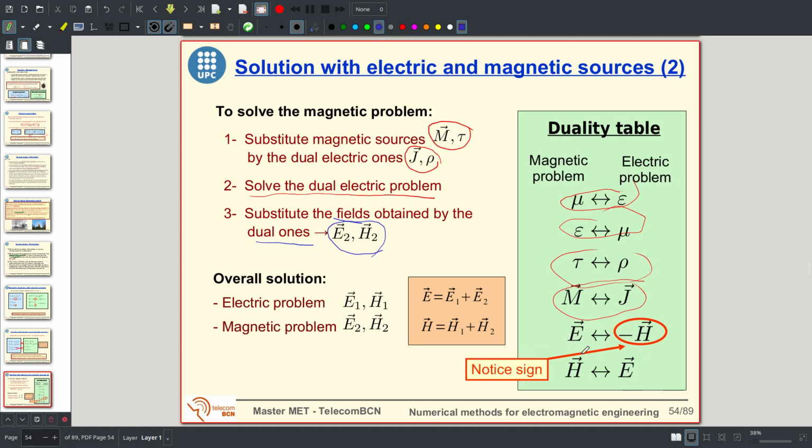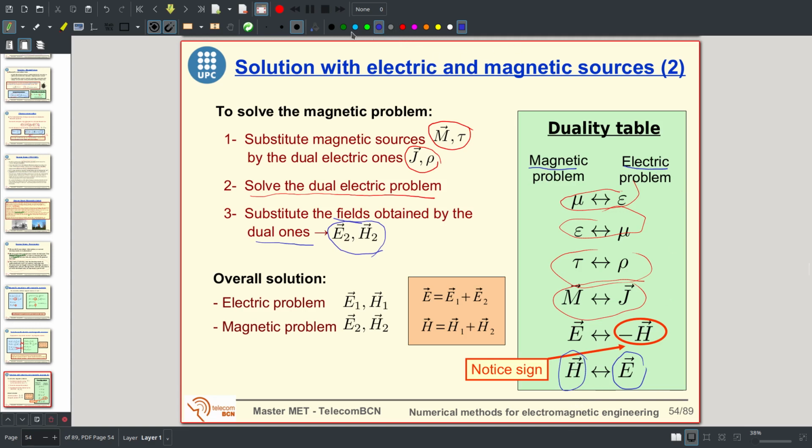Observe. When the field is of the same kind as the problem, magnetic field in magnetic problem is replaced by electric field in electric problem. Positive sign. Same kind of field as the kind of problem. Magnetic field in magnetic problem and electric field in electric problem goes with the same sign.